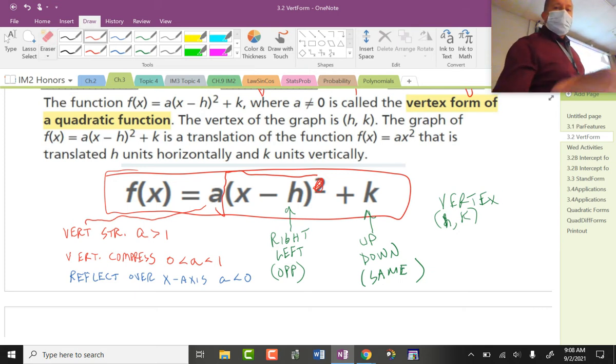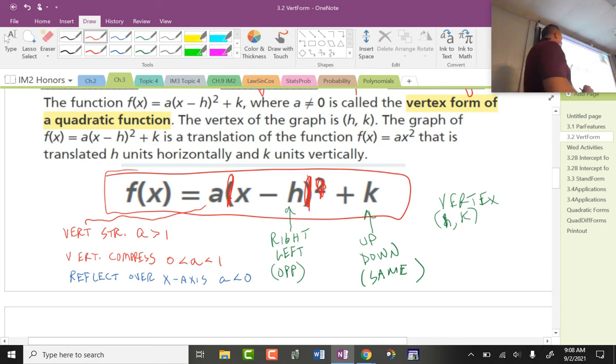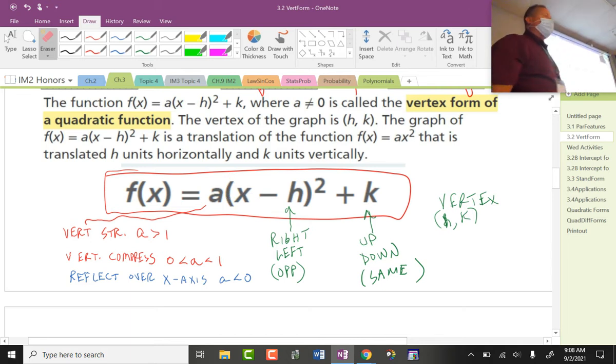Hey, you said you did this last year? Then you should have had this concept last year with absolute values. If it's an absolute value function, you have a v that's affected the same way. Stretch, shrink, move right, left, up, down, all right? So we should have seen this before. Every single function affected the same way by this format.